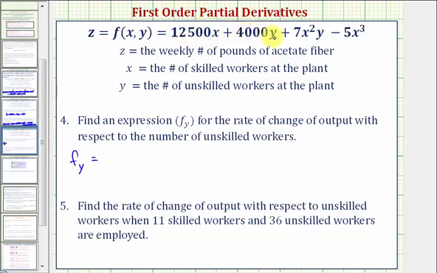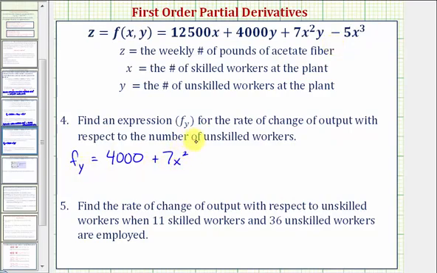The derivative of 4,000y with respect to y would be 4,000. The derivative of 7x squared y with respect to y would be 7x squared, because the derivative of y equals 1. And the derivative of negative 5x cubed with respect to y would be 0. So here's our partial with respect to y.